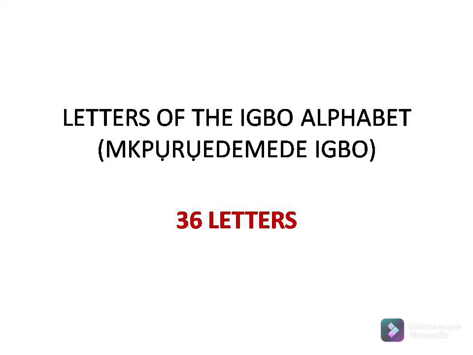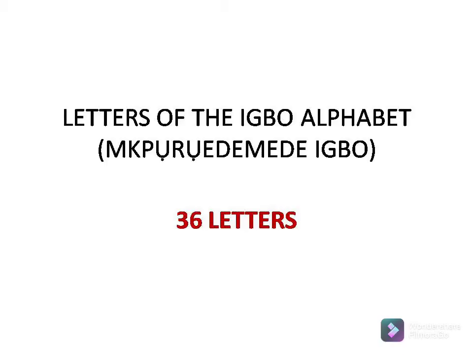Today we'll be talking about the letters of the Igbo alphabet, which we call Mkpụrụ edemede Igbo in Igbo language. Today's Igbo language makes use of the letters of the alphabet compounded by Professor S.E. Onwu and his committee.